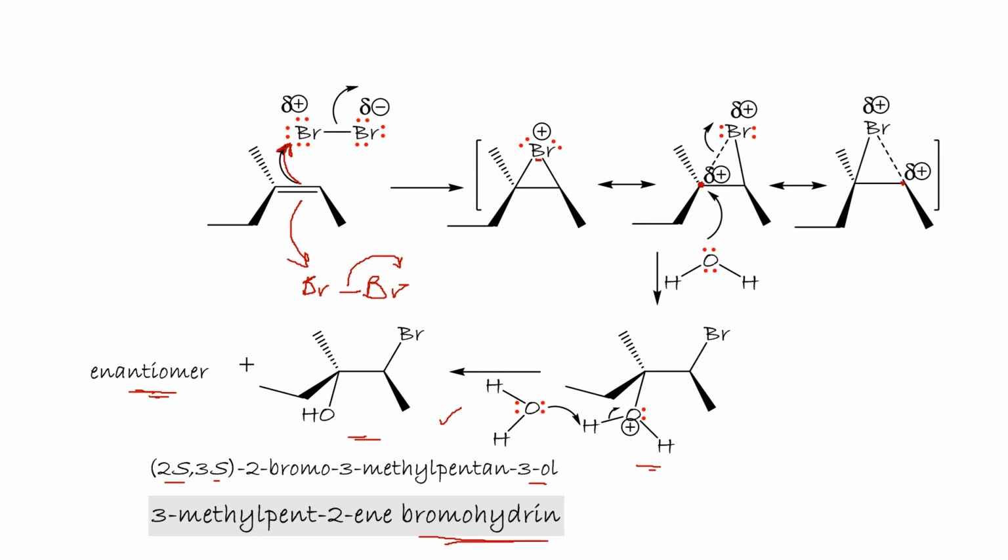The probability of the upper face attacking the bromine or the bottom face attacking the bromine is 50-50, because we have a plane. The two faces are what we call enantiotopic faces. Remember that I draw it perpendicular to your screen.